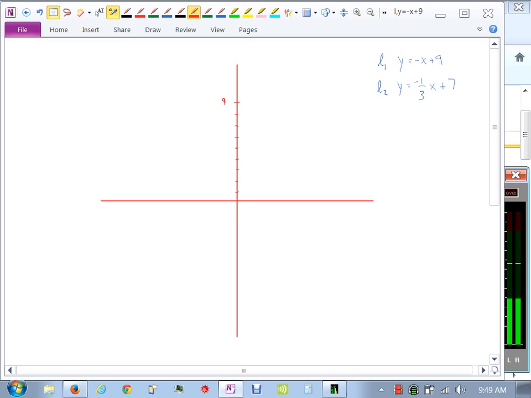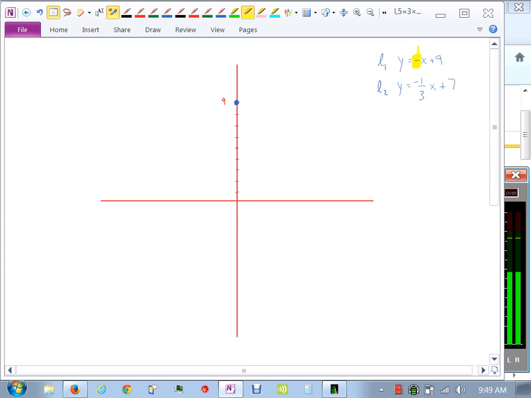So here's 9. So I'm going to draw my L1, let's say in blue. I'm going to have my y-intercept. Now, to get to another point, what do I do? What's the slope of L1? The slope is -1, right? That negative in front of x means -1. So that means rise over run, down 1, right 1.